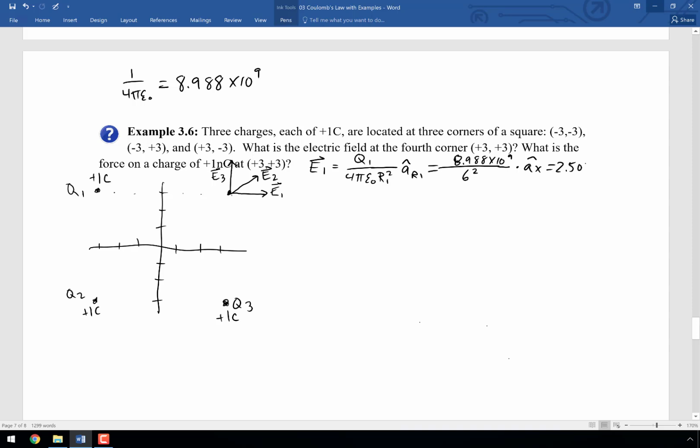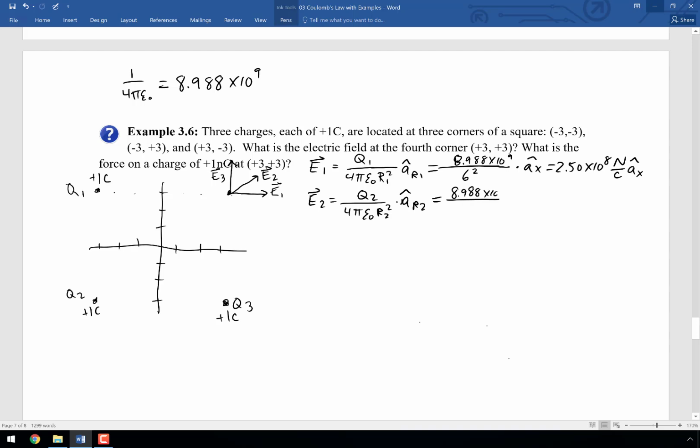So in this case then, I know that this is 1 coulomb. Again, I'm going to just omit the units because we're using standard SI units and they'll all cancel each other out. The 1 over 4 pi epsilon naught actually turns out to be 8.988 times 10 to the 9th. That'll be up in the numerator, and then divided by R1 squared. Well, what's R1? I have to go 1, 2, 3, 4, 5, 6.